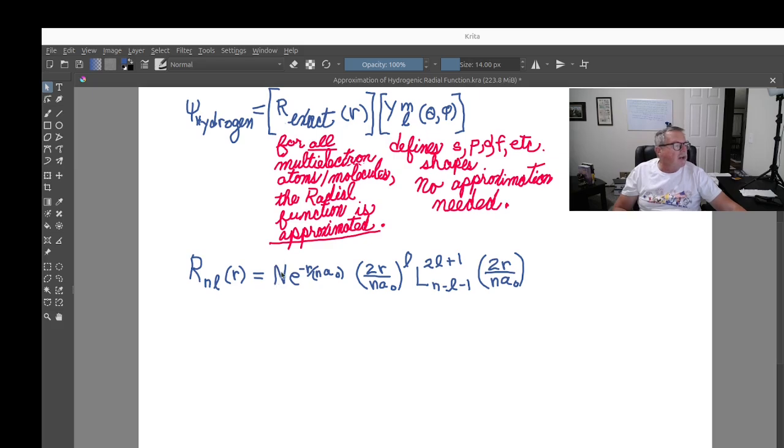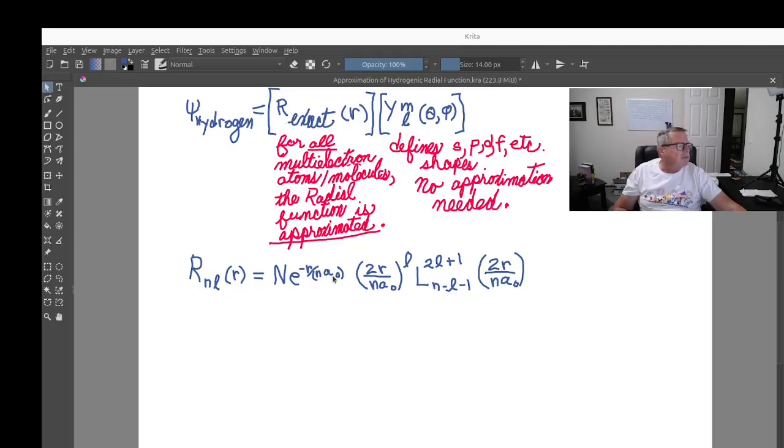N is some kind of constant here that makes this all come out to be the probability of 1. In other words, all the possibilities have to equal 1. Then this thing right here is really important. This exponential, this is really what we're focusing on.